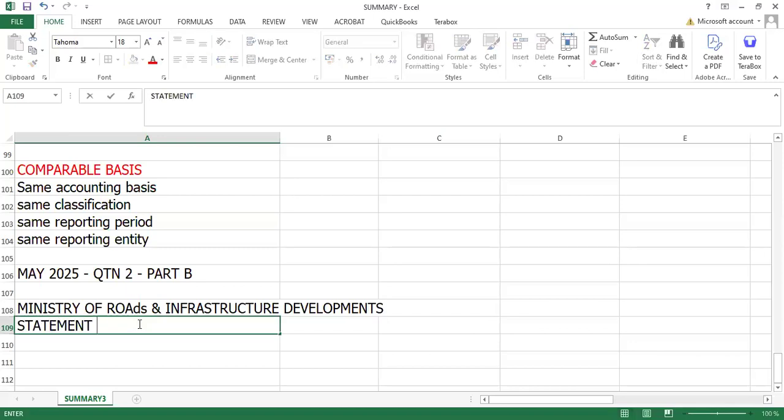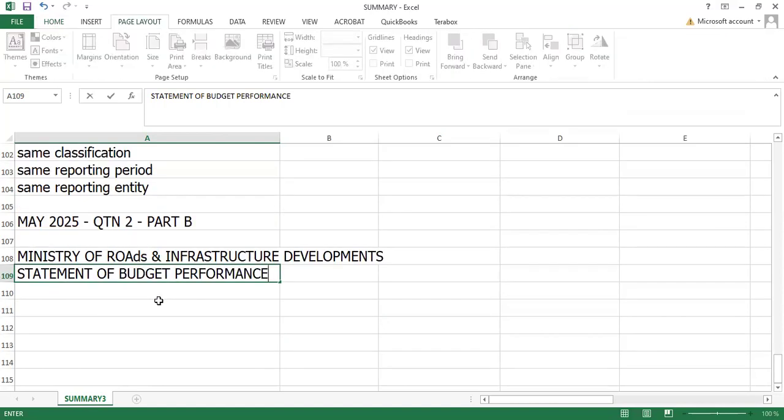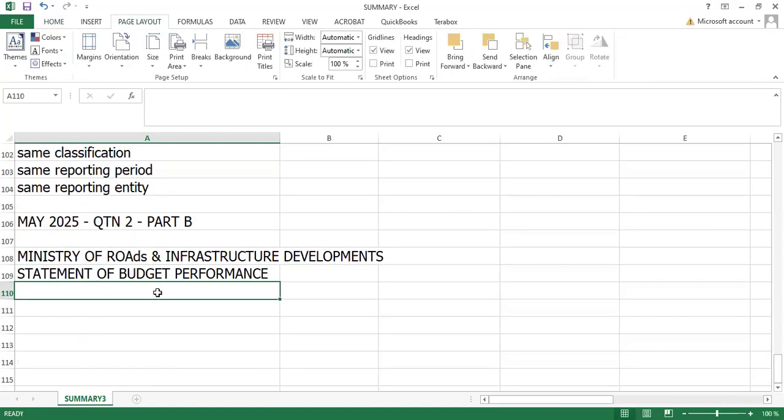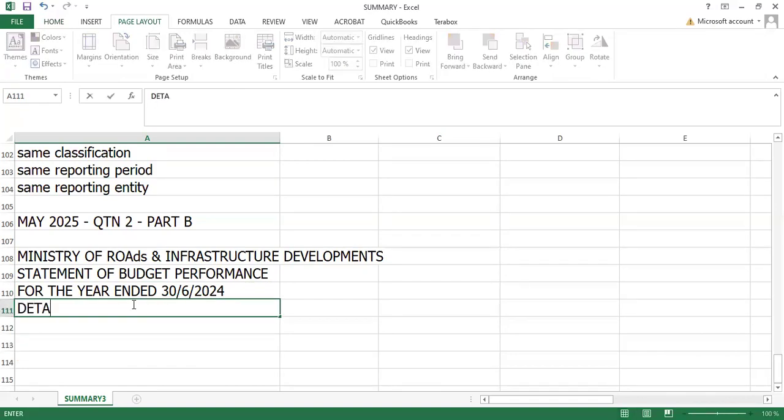Statement of budget performance. At times you will see words like statement of appropriation. Please don't be confused. For the year ended 30th June 2024. So I have my details.